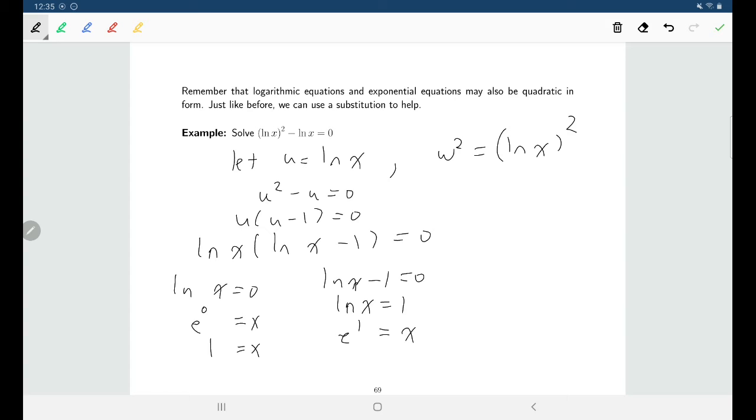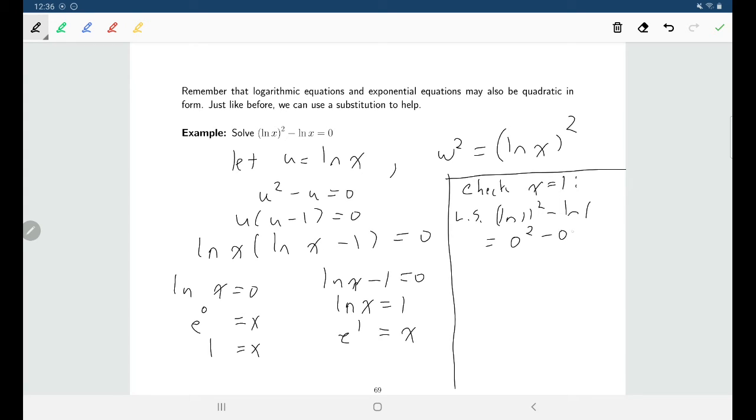So I have two potential solutions. I have 1 and e to the 1, and if I were to check my solutions, on the left side, you would have natural log of 1 squared minus natural log of 1. And we know natural log of 1 is 0. And so you'd have 0 squared minus 0, which is equal to 0, which is, of course, the right side.